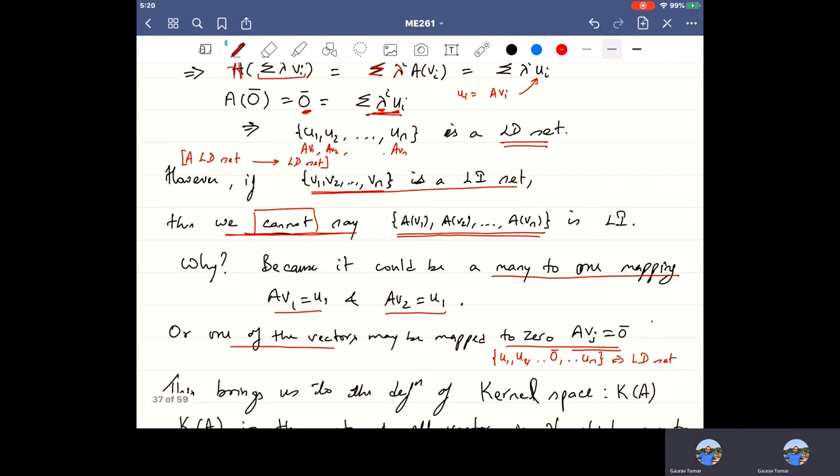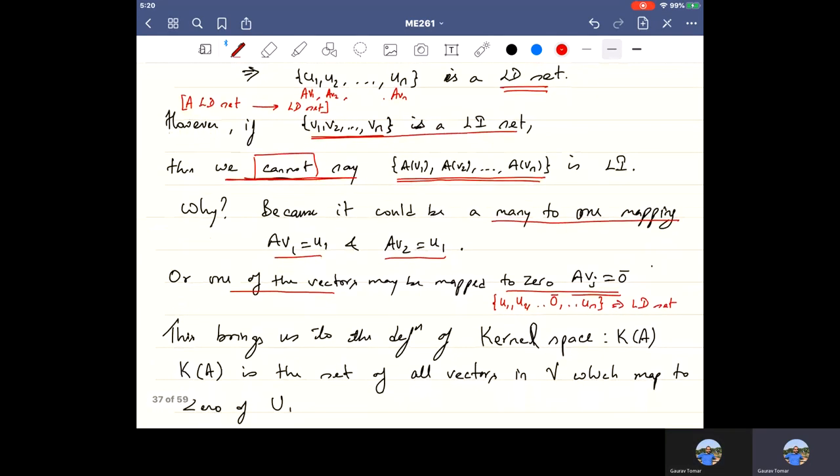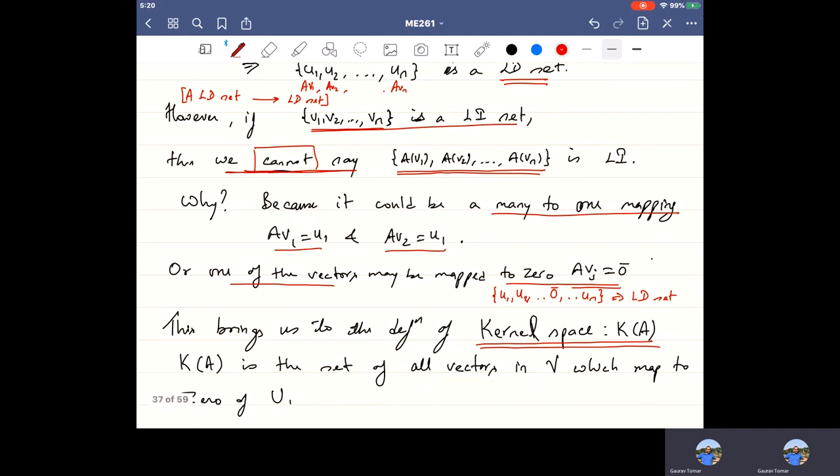Right? So now this brings us to the definition of kernel space. Okay, this is a subspace of V, and it is defined in a fashion that it's a set of this kernel space. We'll prove that it's a subspace later, but for now we'll just look at the definition, what it is.